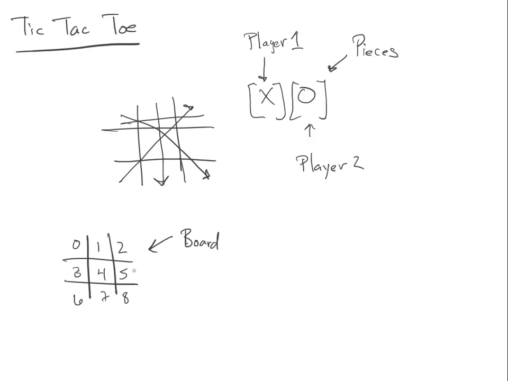Or we could also create an actual board type, and then we could do things like row, and then pass in some value. Let's say row 2, and column 1, for example, and that would get you some information.